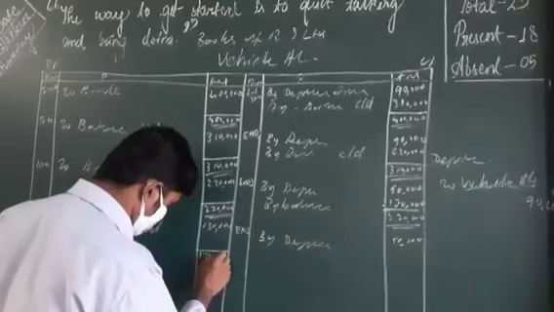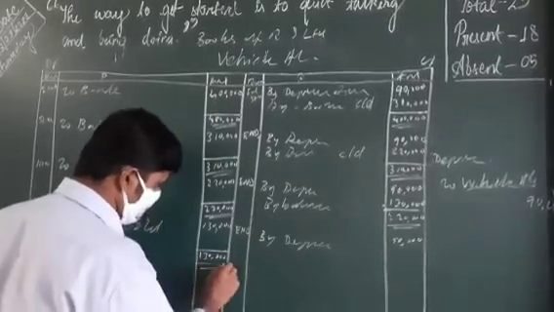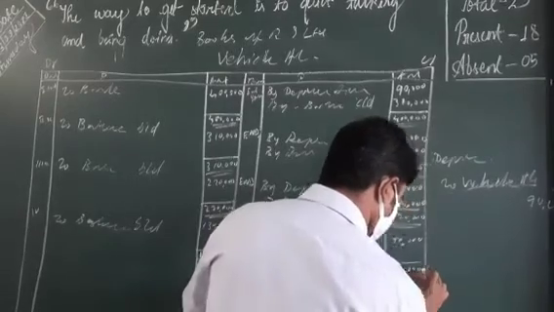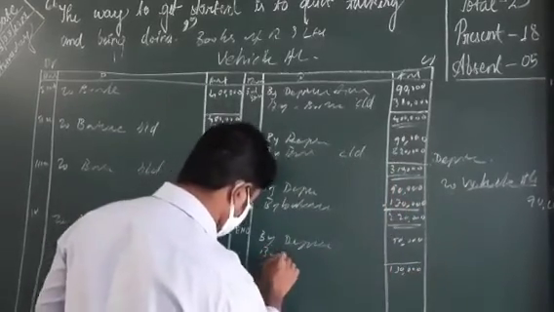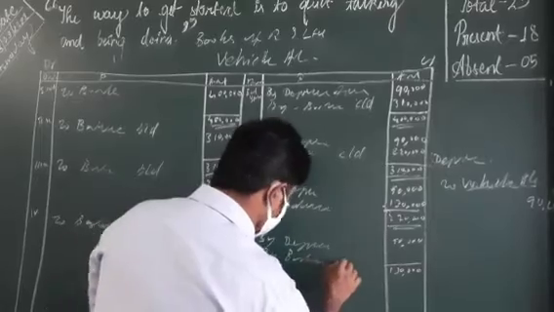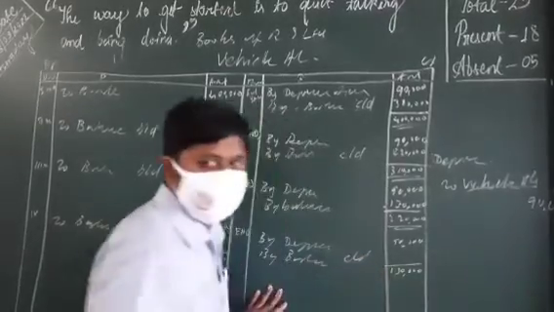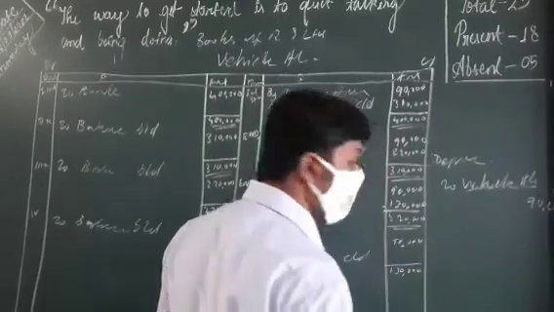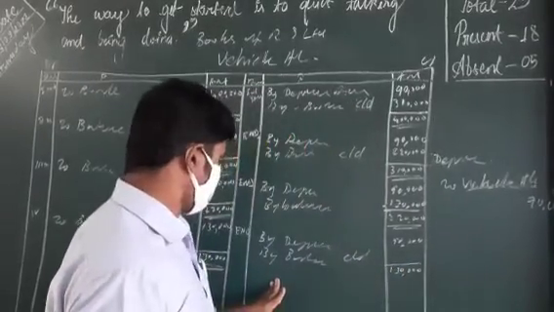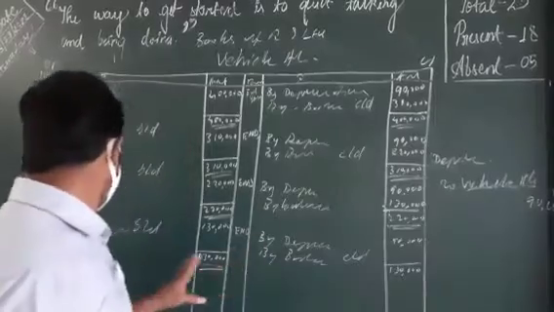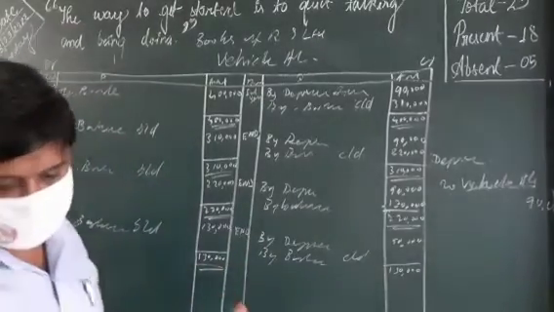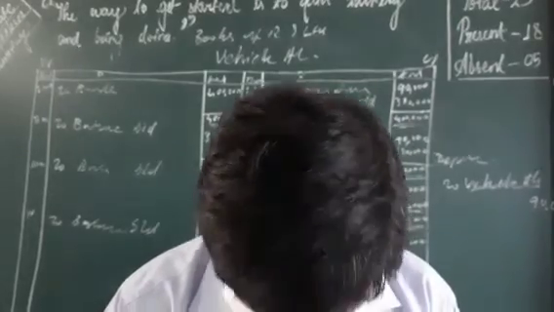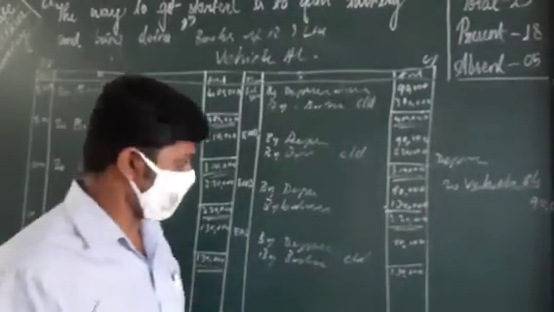Here 1,30,000, so here also 1,30,000, and the balance amount by balance c/d. How much is the amount? Okay. And within 4 years we are disposing of that asset, selling the vehicle.